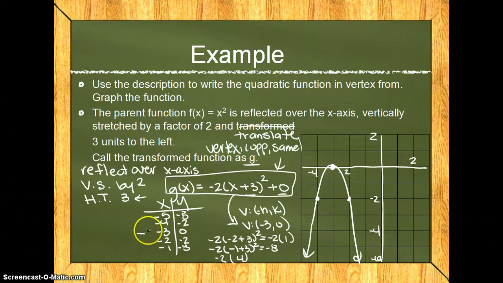Then you're going to put the vertex in the middle of your T-chart and then do 2 below and 2 above. Go with the 2 smaller numbers to plug them in and find the matching y's. And then just remember that the y's on the other side are symmetrical. Once you've done all that, you can graph those points and you would be done with the question.